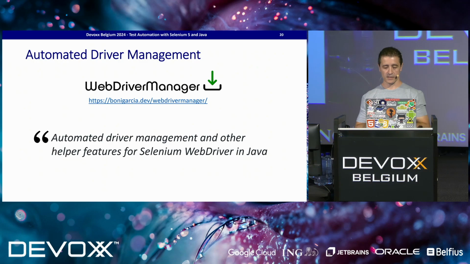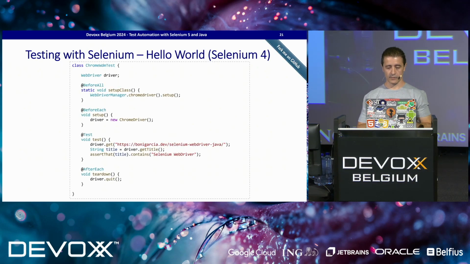It started with this only feature, automated driver management for Selenium, and nowadays it has additional features for developing Selenium scripts in Java. A hello world test with Selenium and WebDriverManager looks like this.